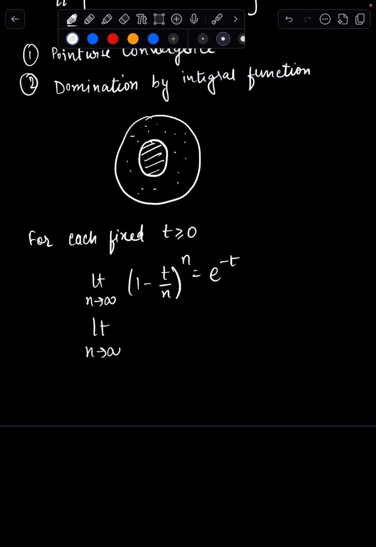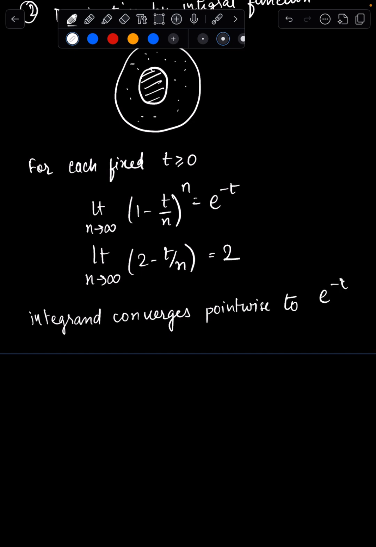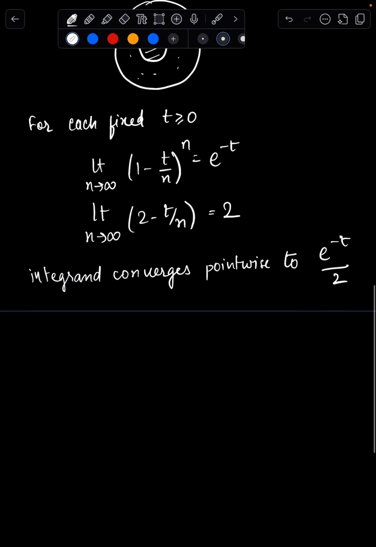And the limit as n tends to infinity of 2 - t/n: as n tends to infinity this term will go to 0, so we are left with 2. So we have that the integrand converges pointwise to e^(-t)/2. So we have found that out.